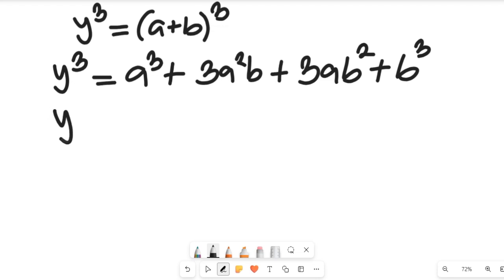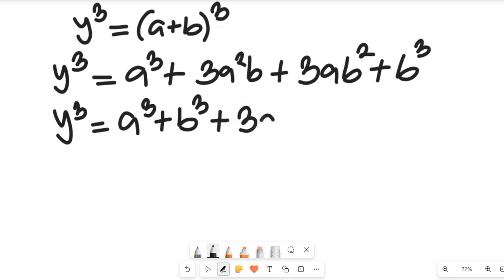So having done this, all I have to do is simplify. I have y to the power of 3 equal to a to the power of 3 plus b to the power of 3, and since 3ab is common here, plus 3ab multiplied by (a plus b). Great, so I've simplified that.